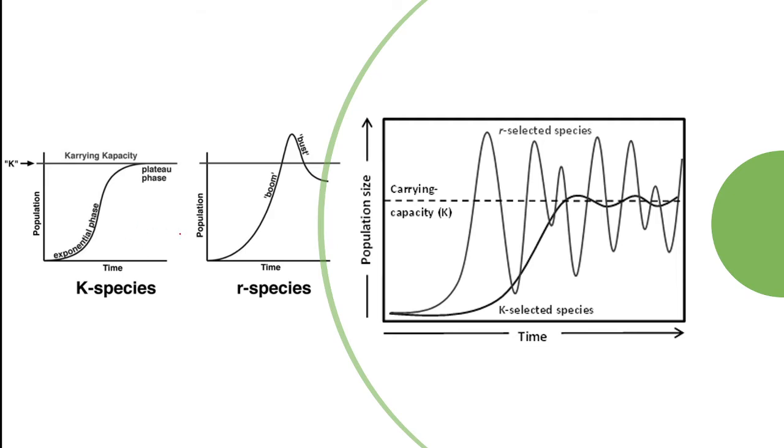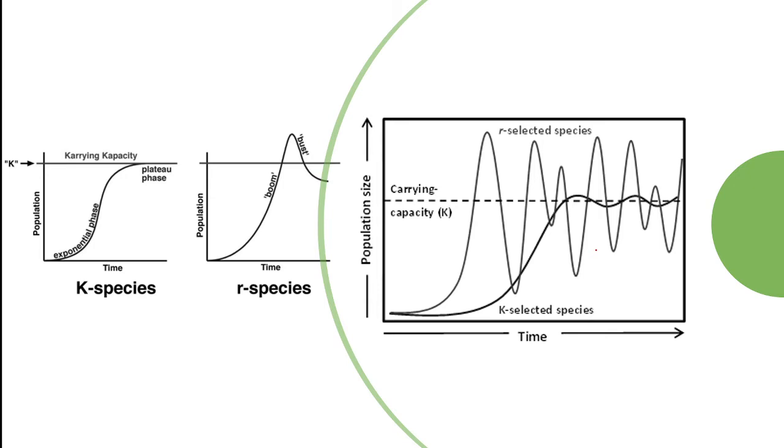So in this case you can see the K selection in this combined graph showing the exponential curve. Initially the growth phase is slow, then it increases and then it comes to a plateau, that is, it stagnates.